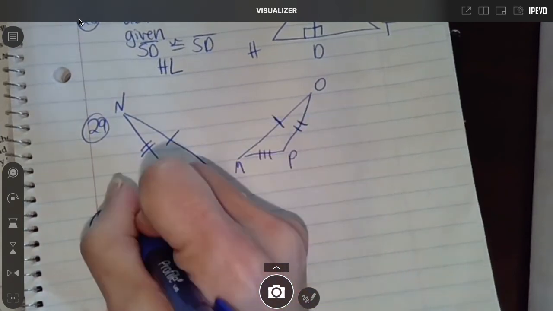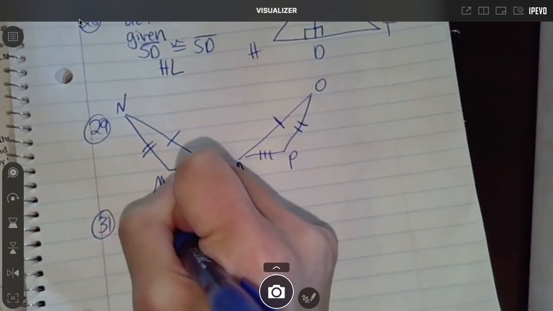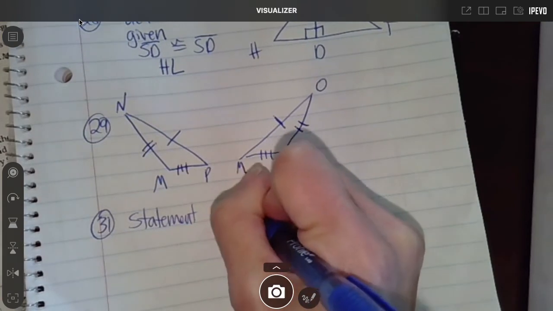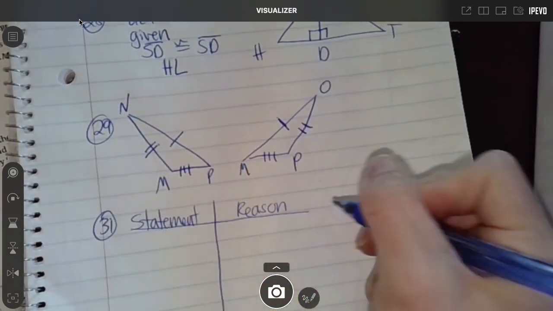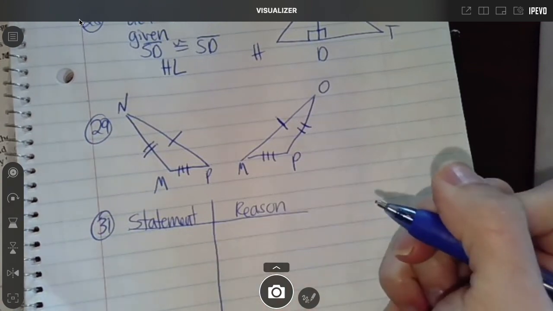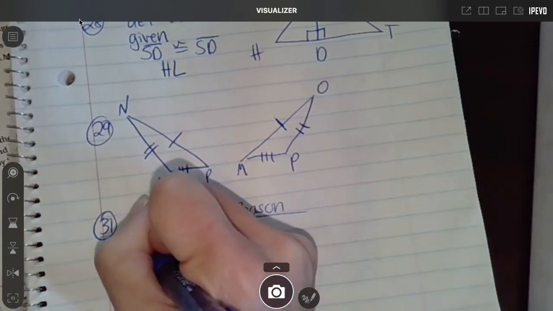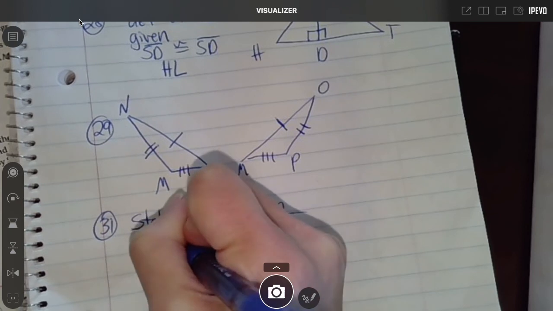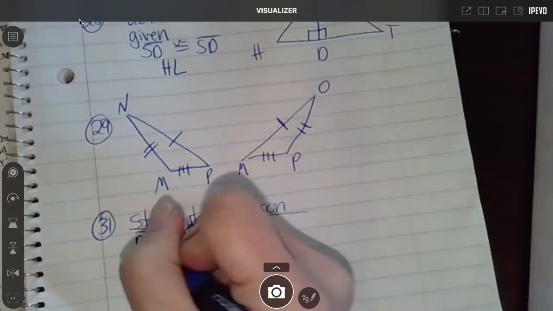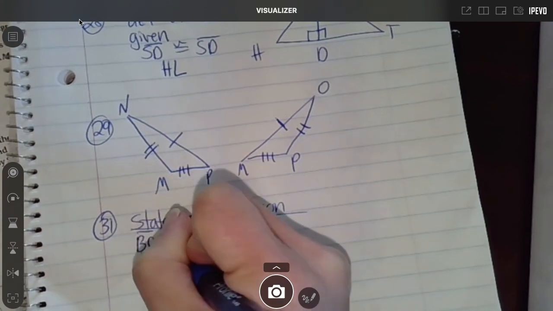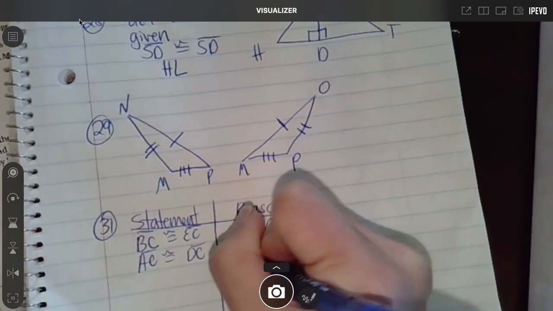It says we're going to do our statement and our reason. And if you want to do a paragraph proof or a flow proof, they do all kinds. You can do whatever kind you want. The first thing I'm going to write is BC is congruent to EC, and I'm going to write given. And I'm going to write AC is congruent to DC, and I'm going to write given.